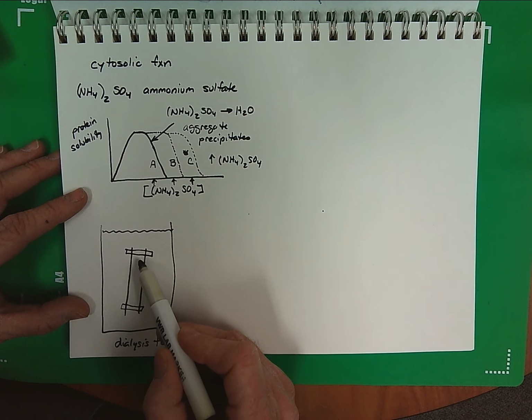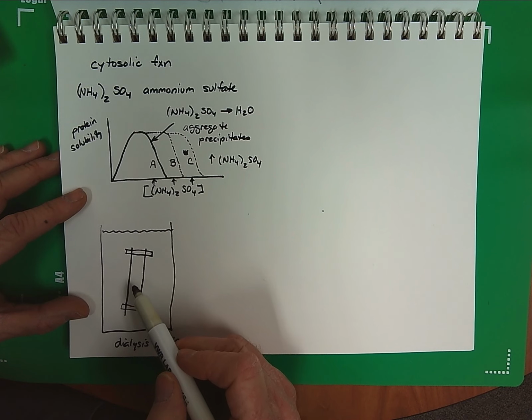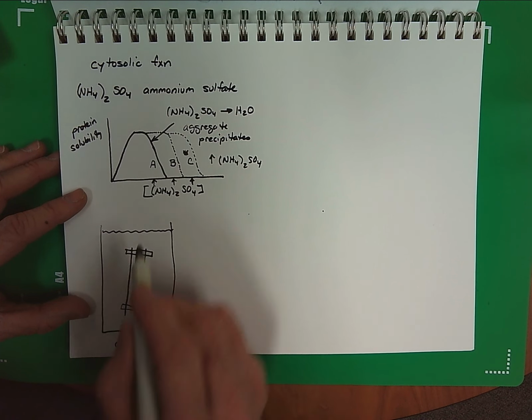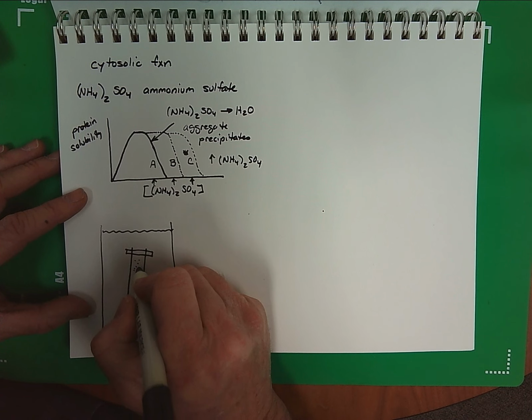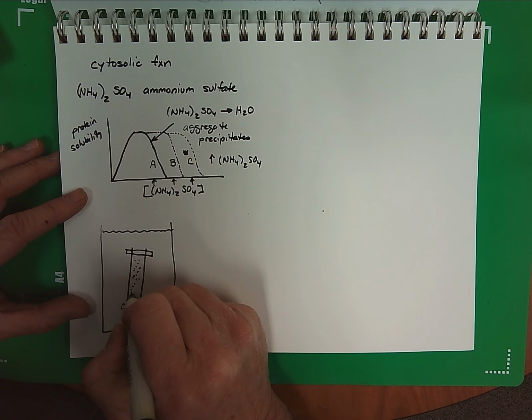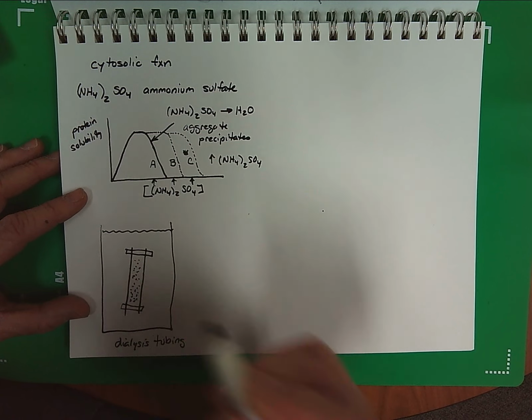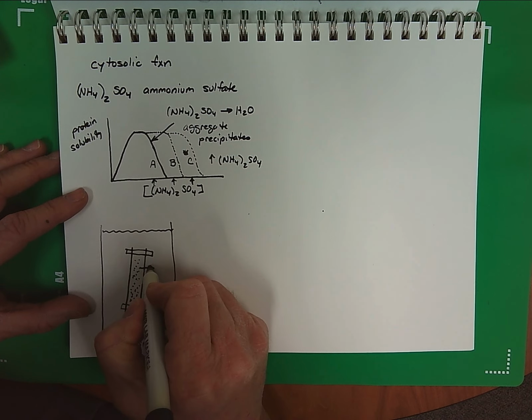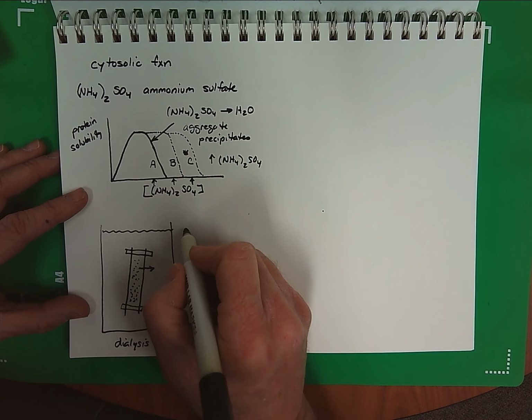There are very small holes, pores, in this bag. These pores are smaller than the protein, so the protein can't escape the bag, but they are large enough for the ammonium sulfate. So if we have a high concentration of protein and ammonium sulfate, by natural diffusion, the ammonium sulfate will move into the water.